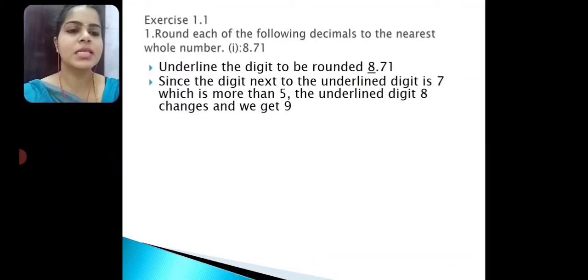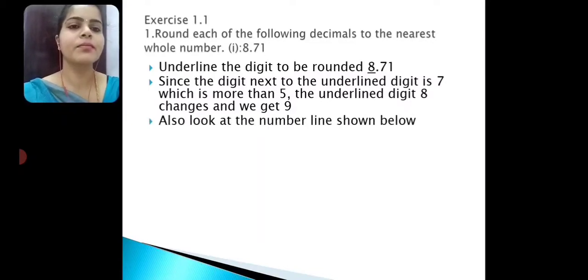Next, since the digit next to the underlined digit is 7, which is more than 5, the underlined digit 8 changes and we get 9. Also, look at the number line shown below.